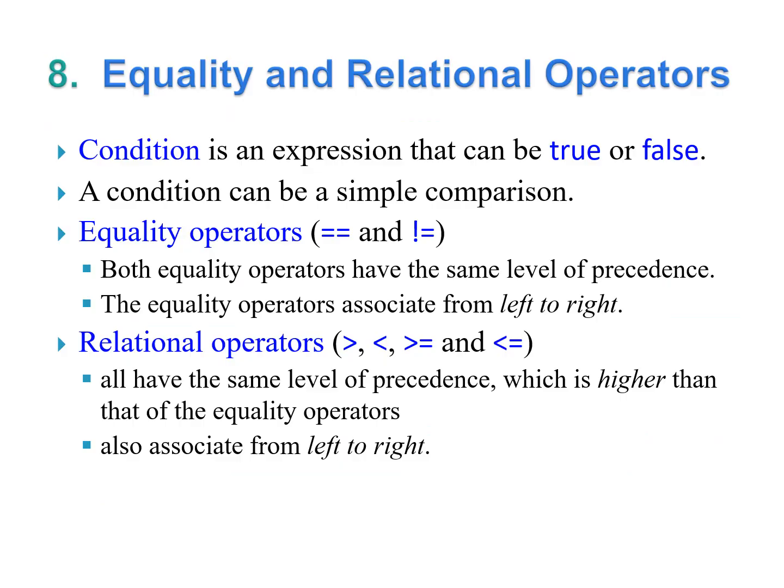Recall that decision steps in an algorithm involve testing a condition. A condition is an expression that can have one of two values, true or false. Those are called Boolean values. A condition can be a simple comparison, which can be formed by equality operators and relational operators.